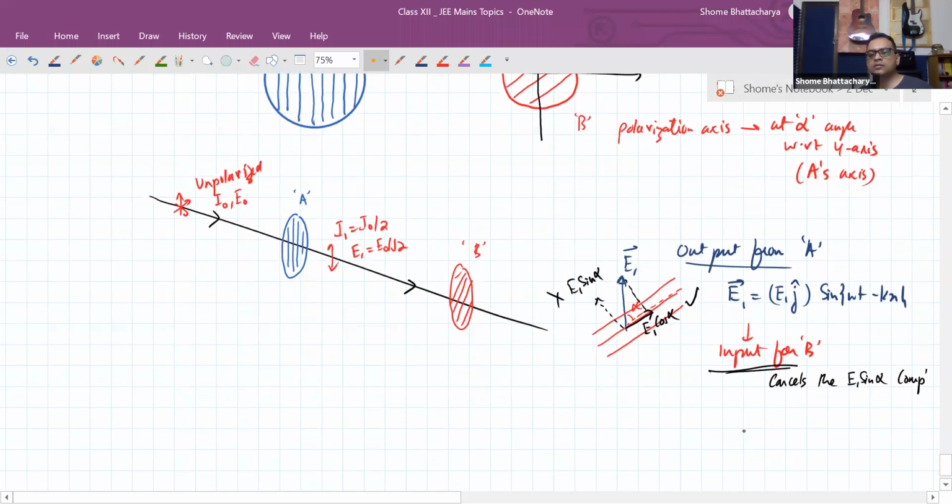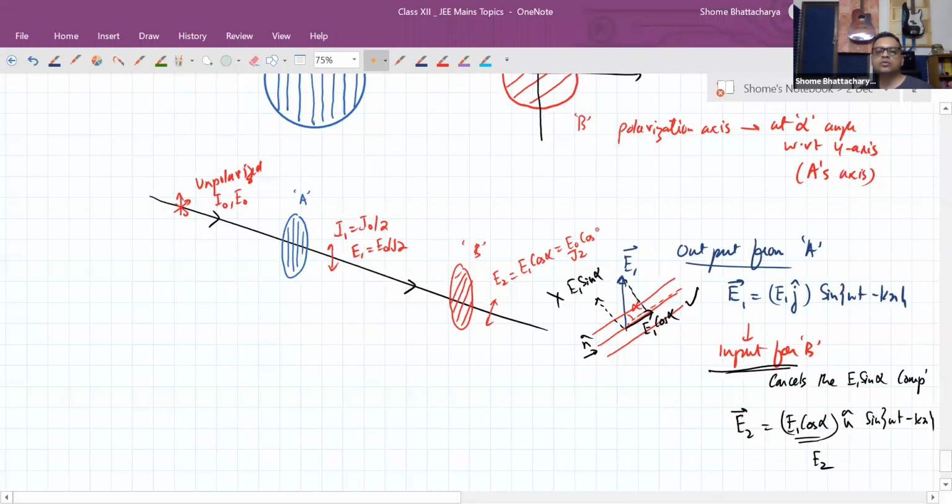So now my electric field becomes E1 cos alpha into some unit vector, which is this unit vector, into sine omega t minus kx. This becomes my E2. The electric field that comes out on this side is polarized along this axis, and it is E1 cos alpha, or E naught by root 2 cos alpha.